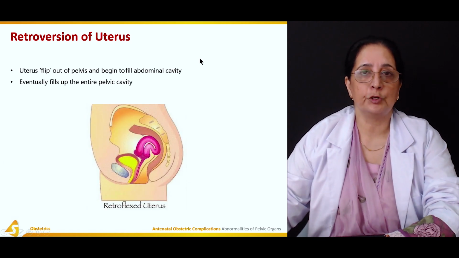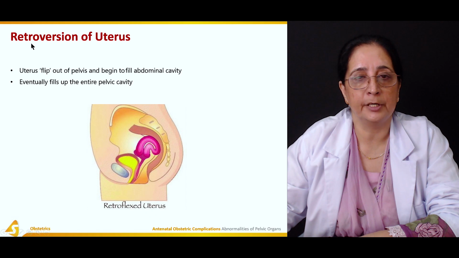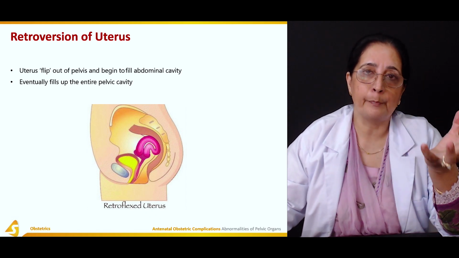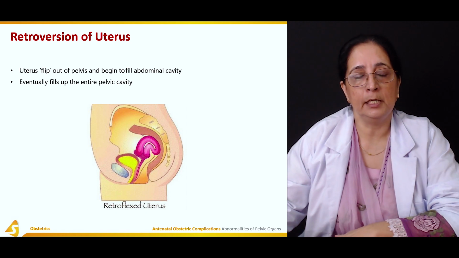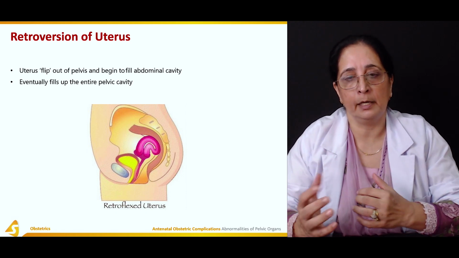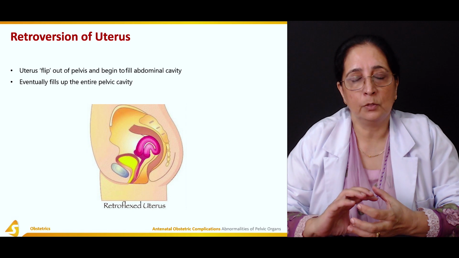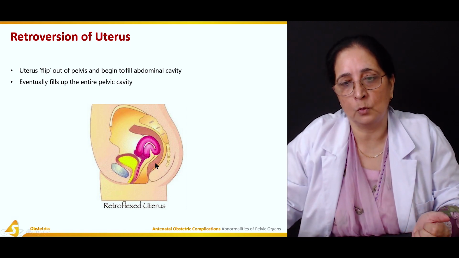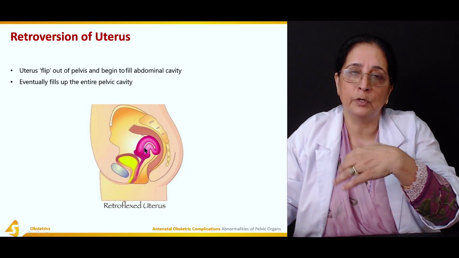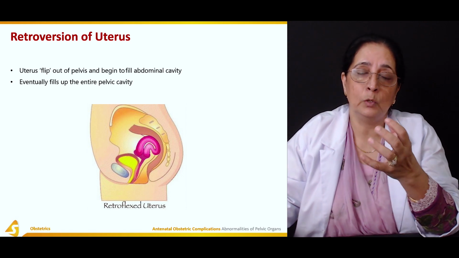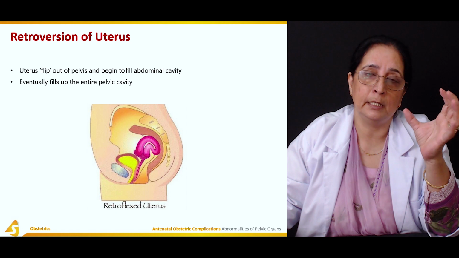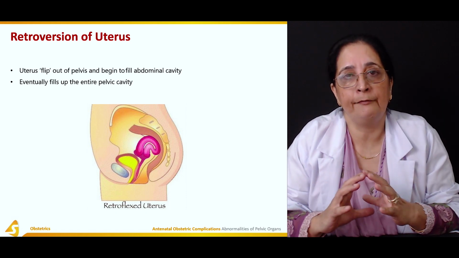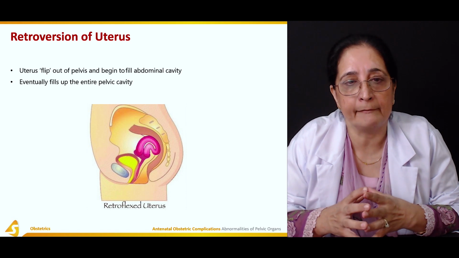Next is the retroversion of uterus. As the name shows, retro is backward. So in this, the uterus is retroverted, so it flips over and starts growing towards the rectum instead of towards the abdomen, and slowly it can fill the whole pelvic cavity.